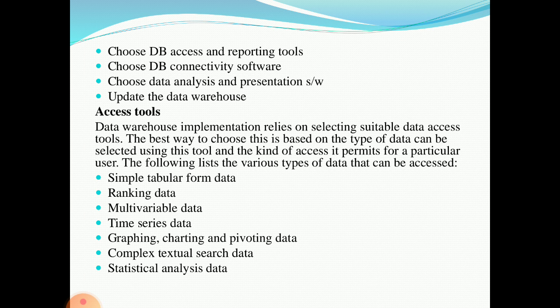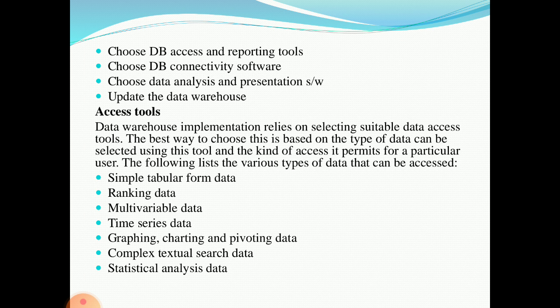And if we need to open some geographical information, certain tools have to be used. Likewise, any kind of data that has to be accessed is accessed by some tools.